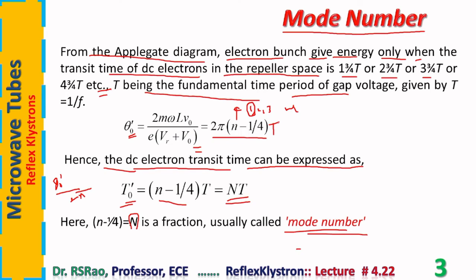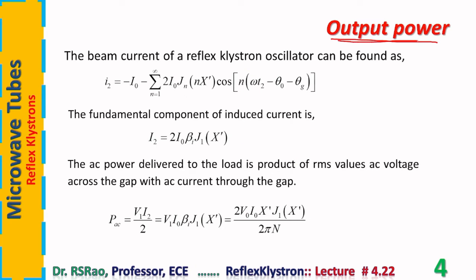Now let us move further. Output power. Different electrons, after spending different amounts of time in the repeller region, come back to the grid gap, forming bunches. These bunches then cross the gap. The bunch crossing constitutes a current, a periodic current. The periodic current can be expressed as a Fourier series expansion.